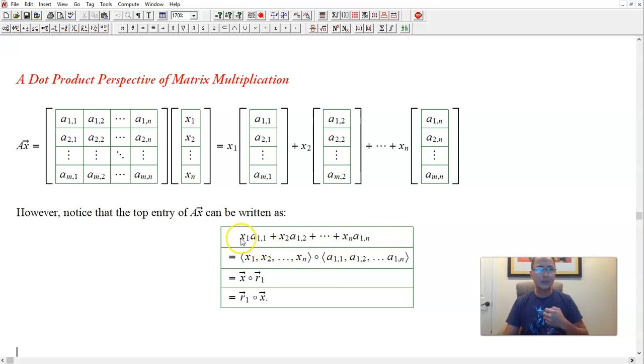All right, so we can put all the x's together as x1 to xn and dotted with a11, a12 to a1n. But those are exactly the numbers at the top row of the matrix. So the first number that we get is simply the dot product of x with R1. And of course, we have the commutative property for dot products, so that's also R1 dotted with x.